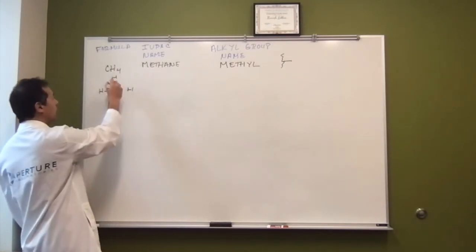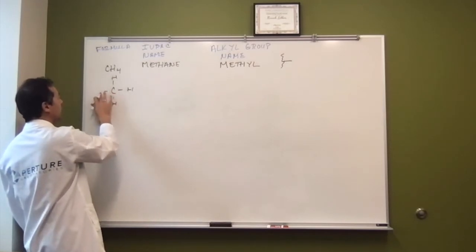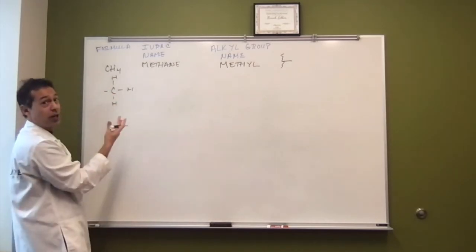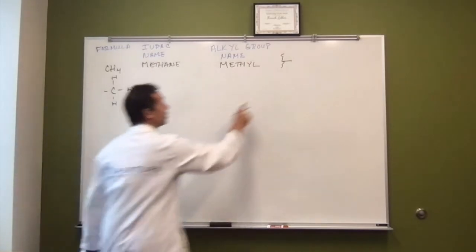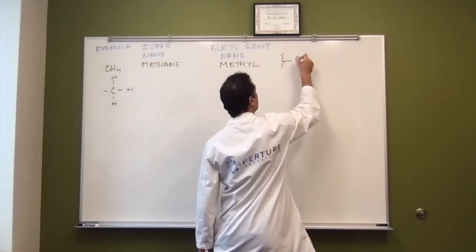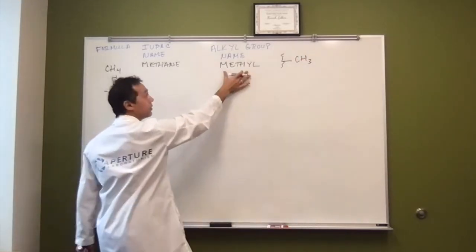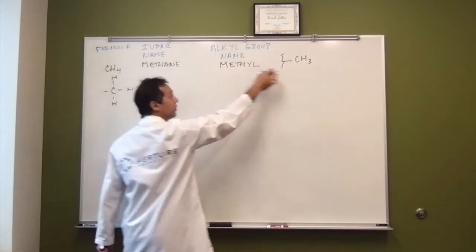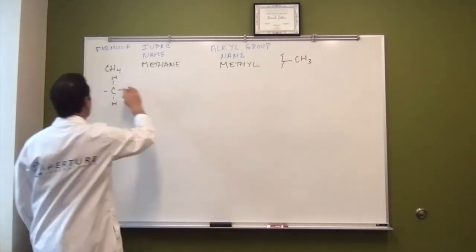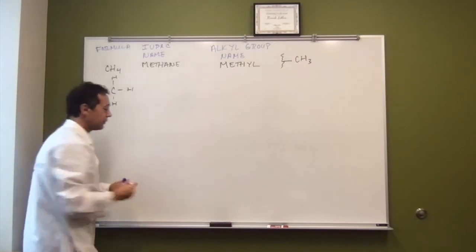We're going to take one of these hydrogens off and attach it to a larger molecule. So here's a larger molecule. We're going to attach that carbon, and this becomes CH3. So a methyl group is CH3. A carbon with 4 hydrogens is methane.